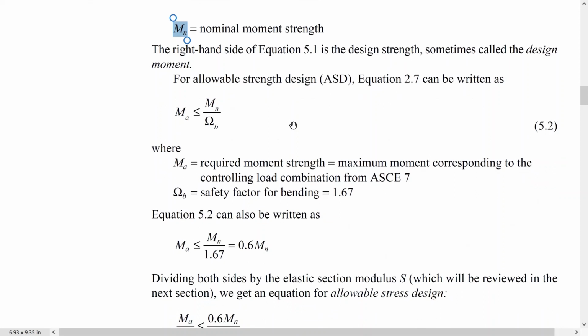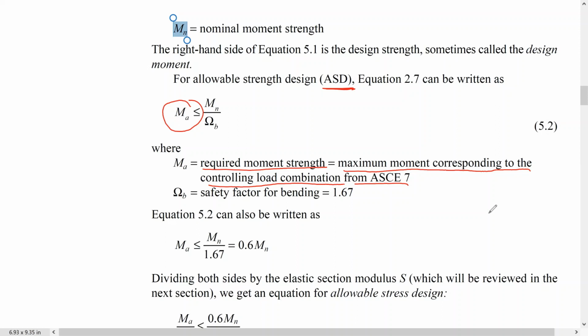So for the allowable strength design, which is the ASD method, we're going to have Ma here, which is the required moment, and it is the same: the maximum moment corresponding to the controlling load combination from ASCE. But here, if you remember for the ASD method, we just have the service loads combined together, and there are some factors, but they are not load factors.